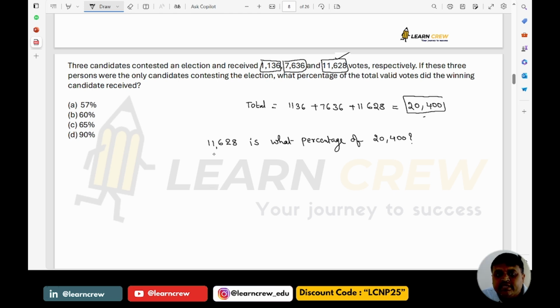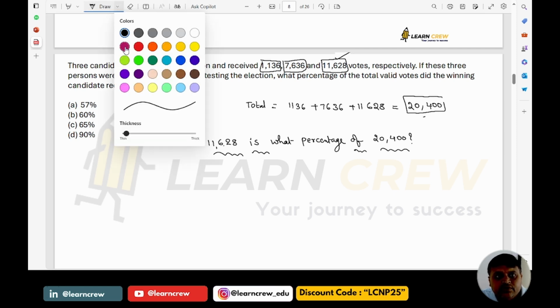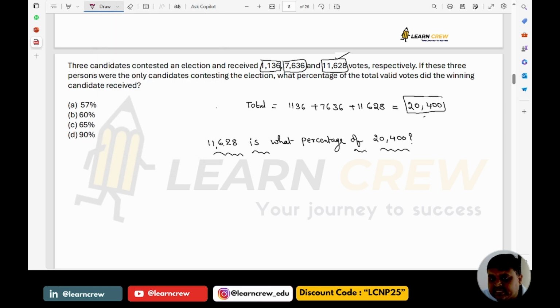Now remember, what is the application here? One value is what percentage of another value. When a question is asked like that, the simple shortcut you can remember is is by of into 100.